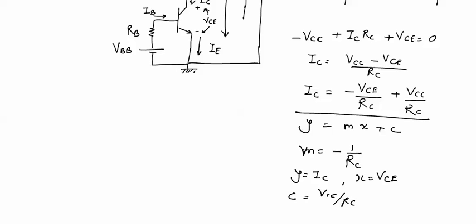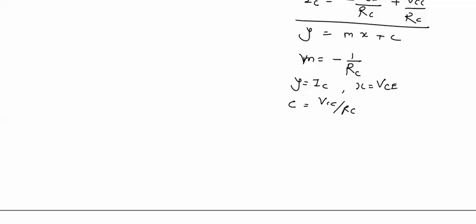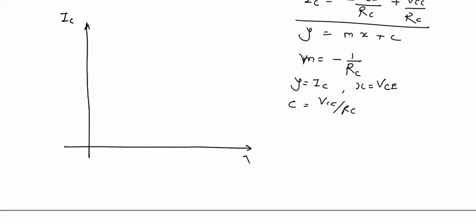Now as this is the equation for straight line, if we plot this straight line, we get a graph like this. From this slope it is clear that the line is a decreasing straight line. Negative slope means decreasing straight line, and this line will be like this.